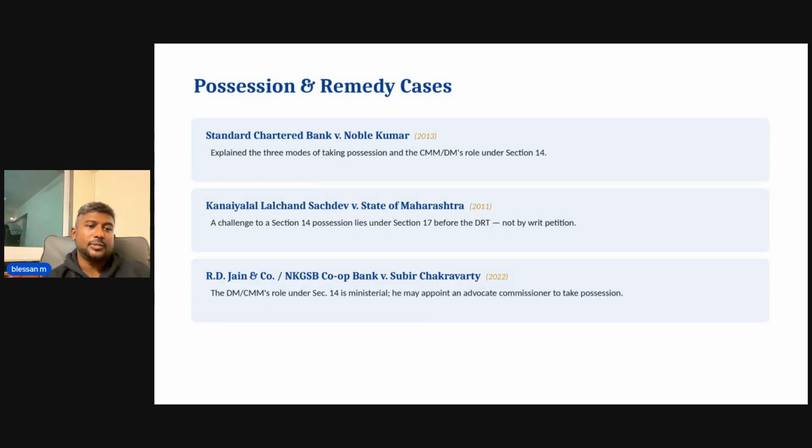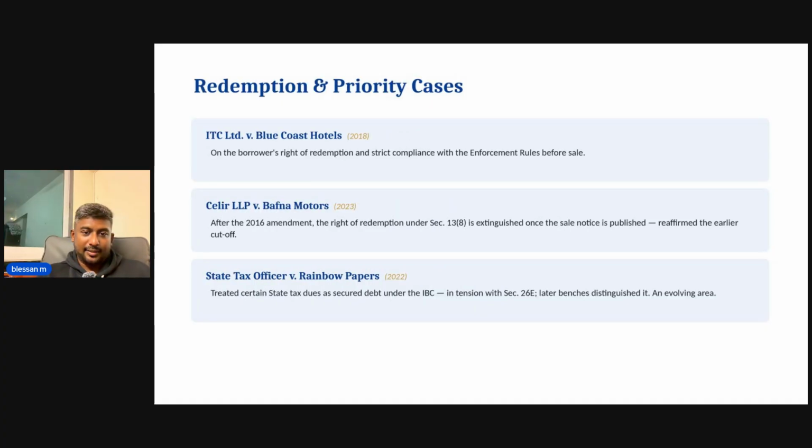This is a very landmark judgment because when a Section 14 application is made to the CMM or DM, usually they keep hearing the matter and, based on the hearing, try to pass orders. The Supreme Court in this case clarified that there's nothing doing. Once a possession application is filed by the bank, the DM or CMM has to pass an order. That's the only thing they can do. They cannot have any discretion about the merits of the case.